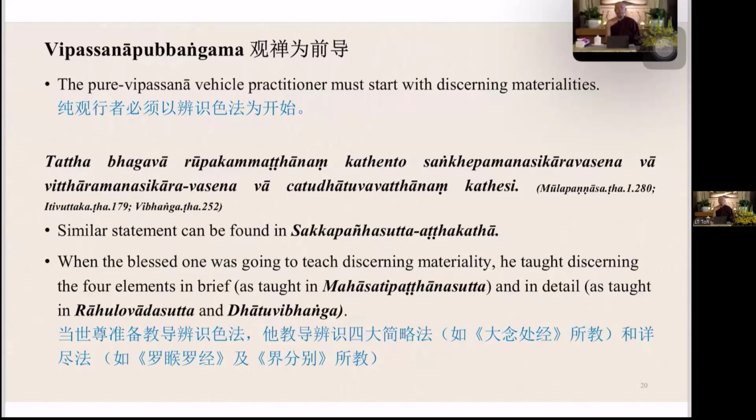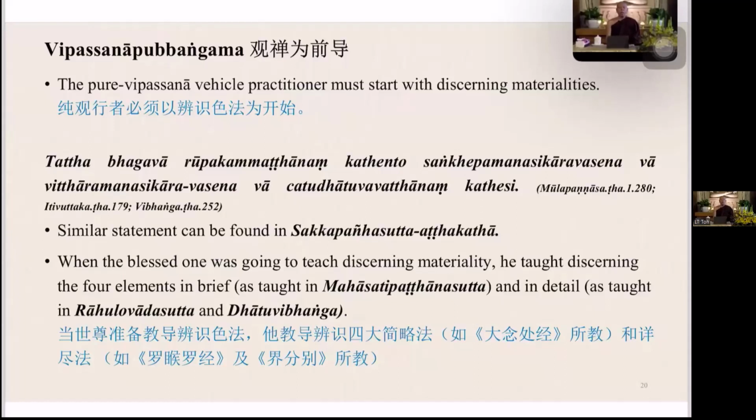The main thing is, at least we must practice four elements in brief until we can attain access concentration. So four elements are also a part of Rupa meditation. Four elements are also the foundation of Vipassana. Then based on that, we also have to proceed with Vipassana, Rupa meditation.